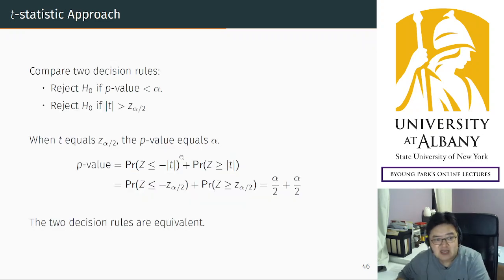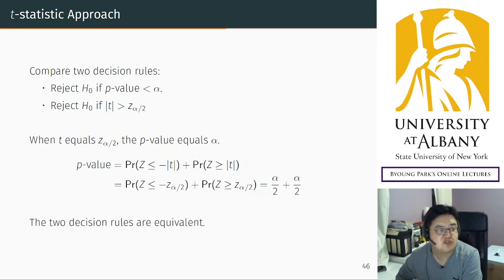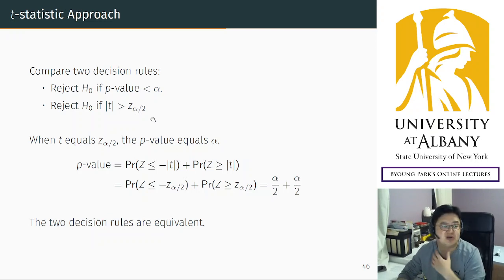Okay, so that is the T-statistic approach. And finally, let me just double check if they're equivalent. Yes, they are, because suppose that these are two decision rules. First one is based on the p-value, and the second one is based on the T-statistic.